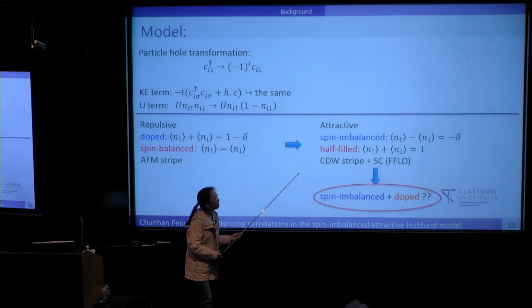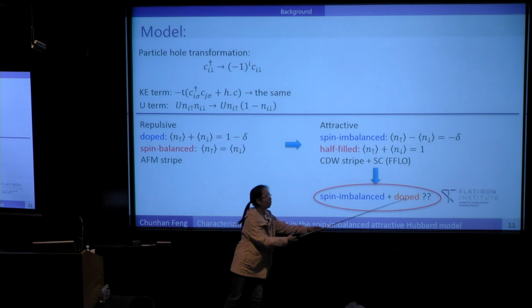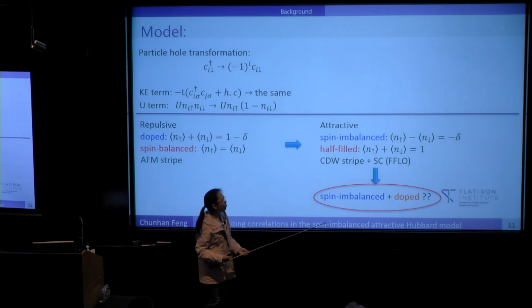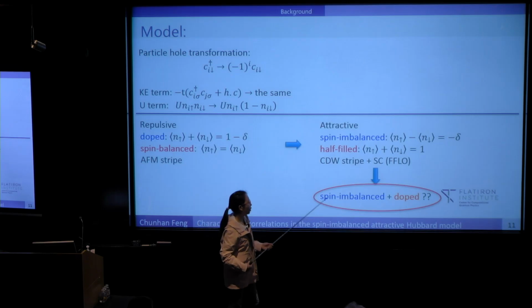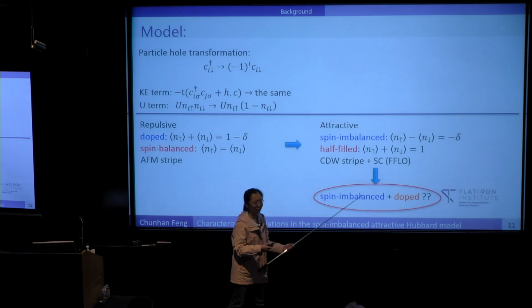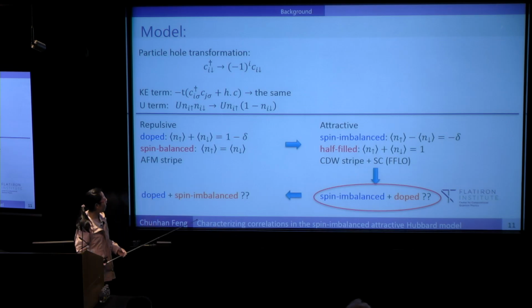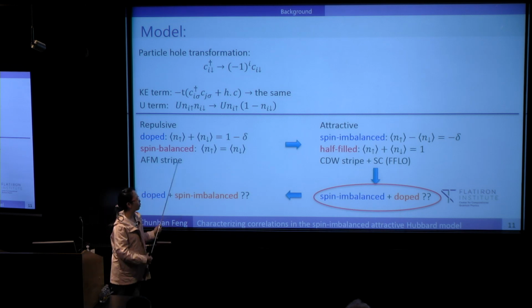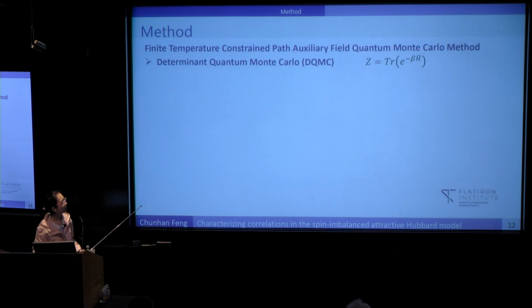But we know the FFLO order does not only exist in the half-filled case, but also in a doped system. So it would be very interesting to study the finite temperature properties of such a spin-imbalanced and doped system in the attractive Hubbard model. Correspondingly, due to the mapping, our work should also shed light on the doped, and also spin-imbalanced, repulsive Hubbard model, which is less well studied in the literature.